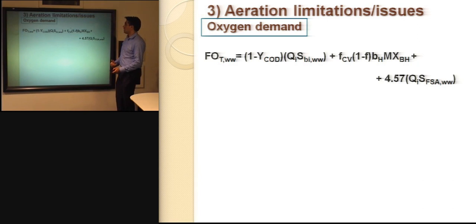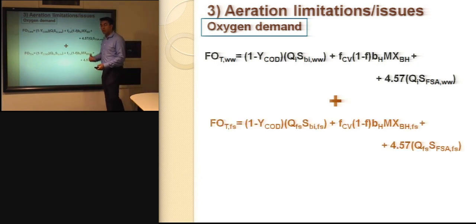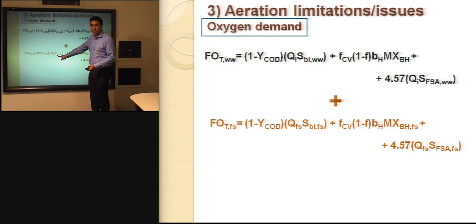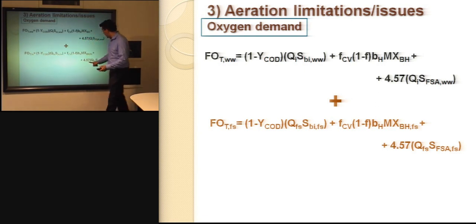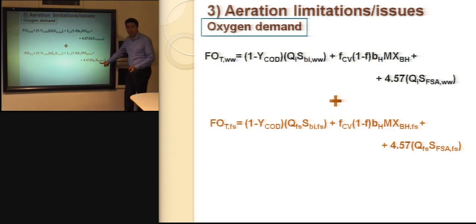But if in addition to this, we also consider the oxygen requirements to treat and remove the biodegradable organics present in the fecal sludge, as well as the nitrogen components present in the fecal sludge, we can expand the total oxygen demand of that plant co-treating wastewater and fecal sludge with these two expressions.